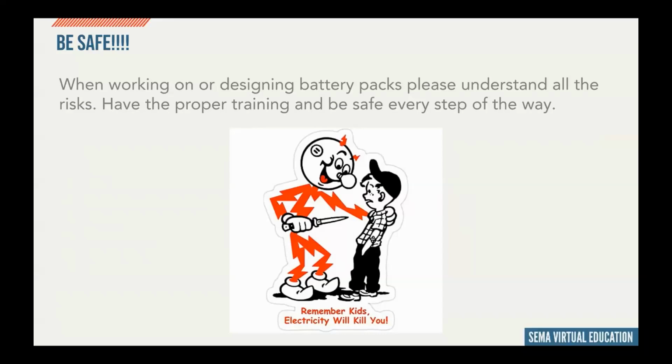Where the battery pack, as you're designing and building and assembling the battery pack, there is current and electricity. So have the proper safety and high voltage training, and understand at a much deeper level than even this presentation the design and proper engineering of the battery pack system before attempting.